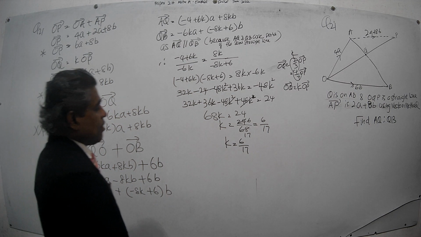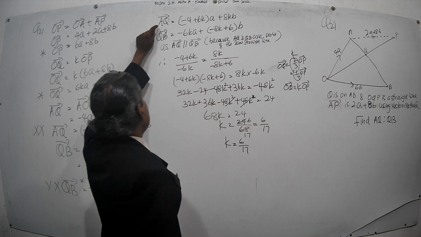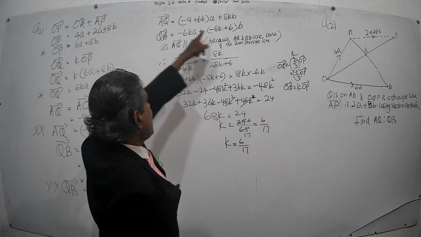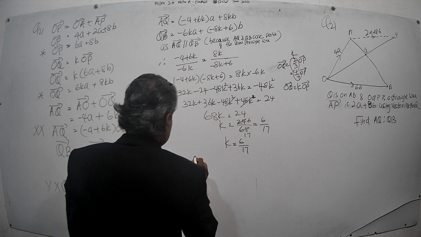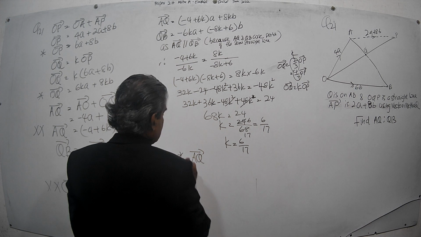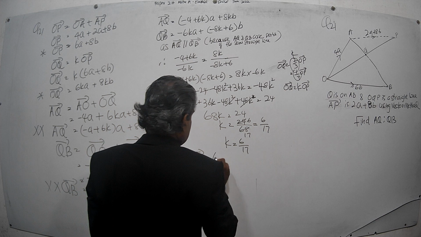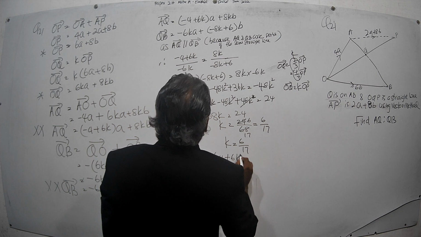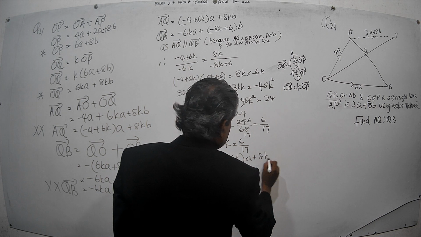After finding the k value, now you have to find the AQ and QB vectors, which have been found in terms of k. So therefore we substitute this k value into each one. Then the AQ vector equals how much? Minus 4 plus 6k A plus 8k B. Right.